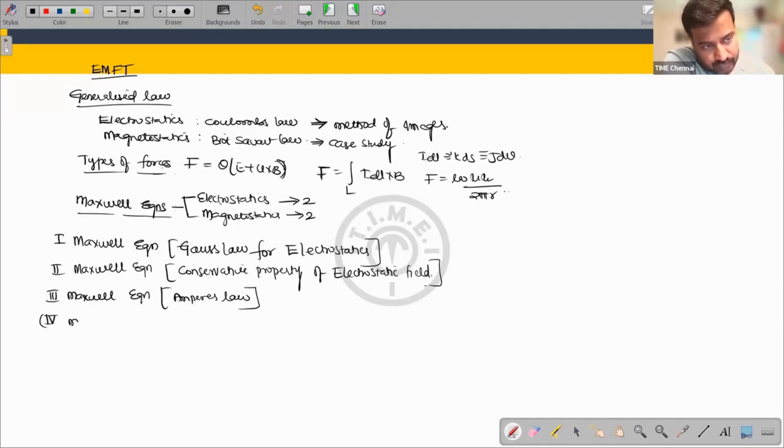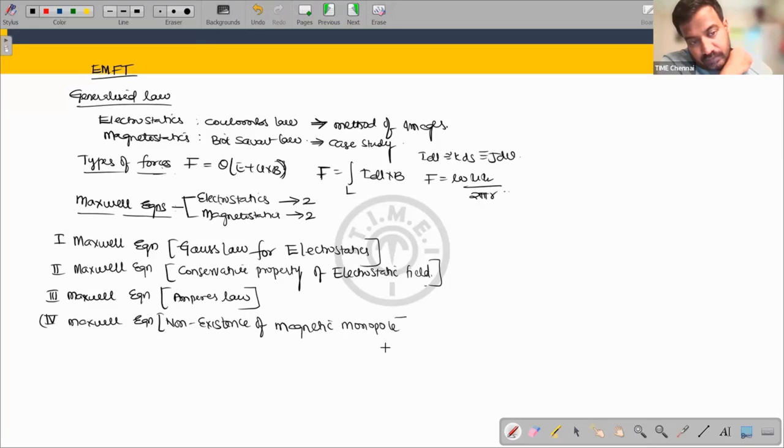And the fourth Maxwell equation is from the non-existence of magnetic monopole, also called Gauss law for magnetostatics.